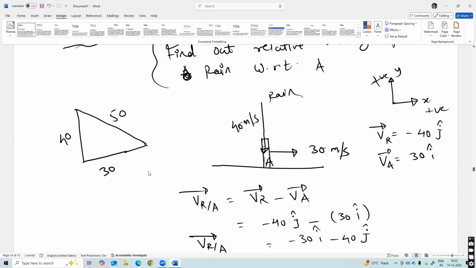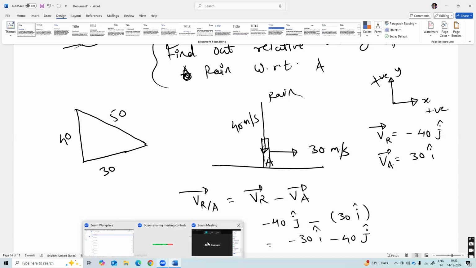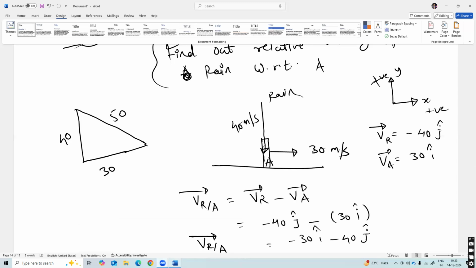So this was the velocity of rain, it was 40. The velocity of person was 30, and therefore we got their relative velocity as 50, which is square root of 40 square plus 30 square from the Pythagoras theorem basically.